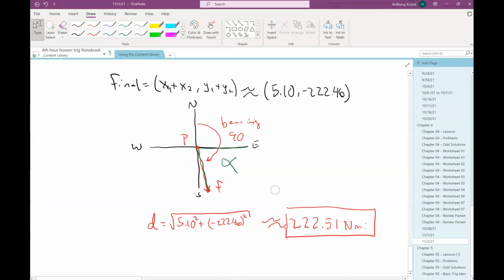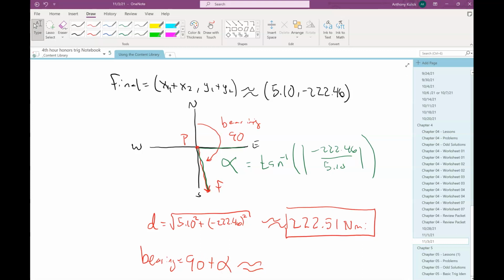So how are we going to calculate alpha in this case? Yeah, inverse tangent, absolute value, y over x. So in our case, our bearing is going to be 90 plus alpha.